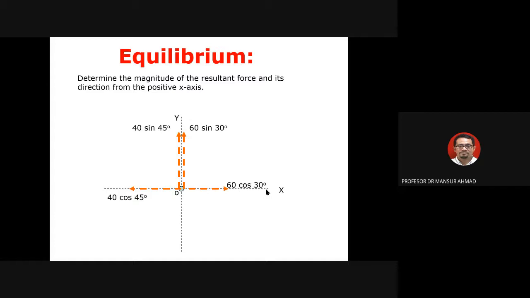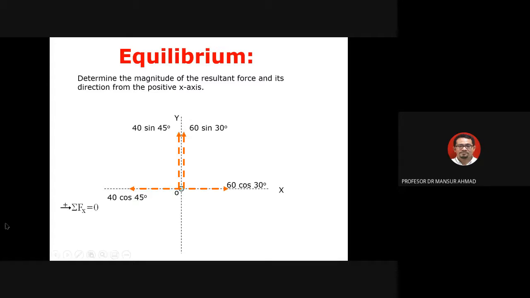Okay, now we already resolved all the forces that are at an angle into x and y direction. So now you can sum it up. You can start with anything you like, x or y, but I'm going to start with summation of forces in x direction.